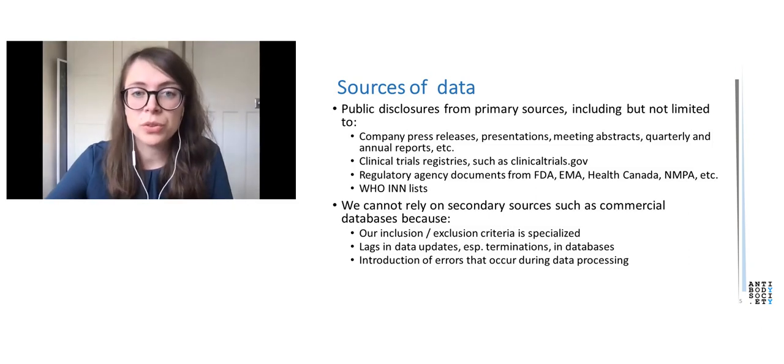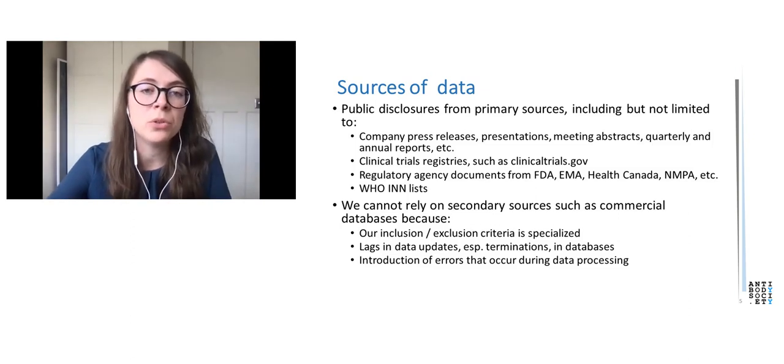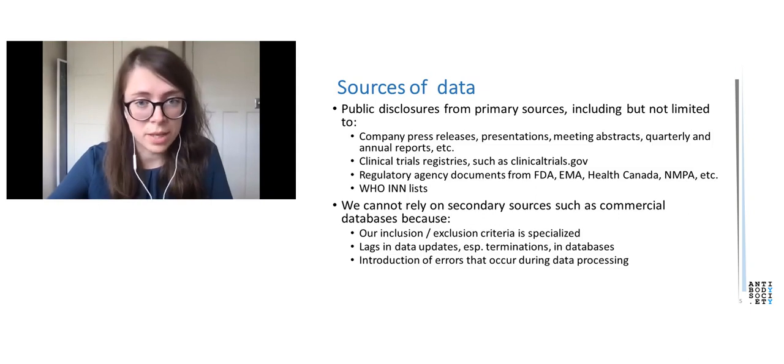We do not rely on secondary sources such as commercial databases, because our inclusion and exclusion criteria are quite specialized, and they often lag in data update, and they might contain errors due to data processing. This is the reason why we have built our own database.